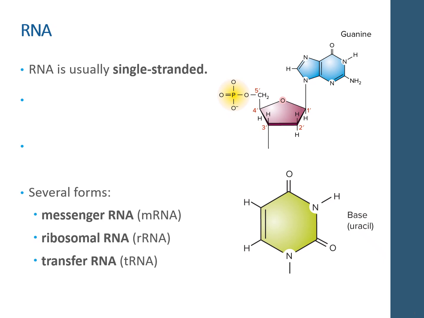RNA is really similar to DNA. RNA forms a backbone of sugar and phosphates, just like DNA does. However, RNA is single-stranded. So RNA is made up of only one sugar phosphate backbone with nitrogenous bases coming off of it.